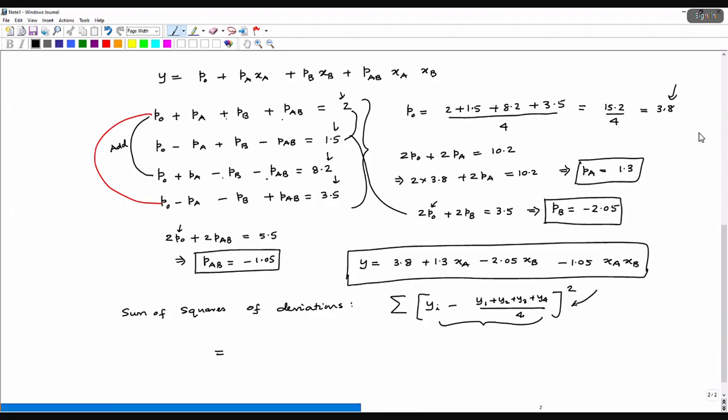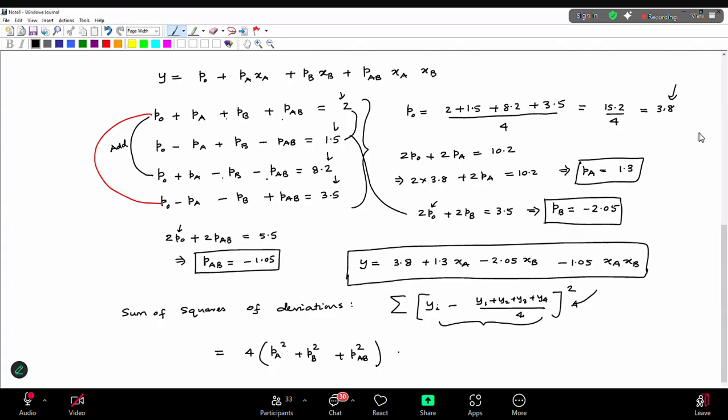You can do this for yourself. This will be equal to 4 times PA square plus PB square plus PAB square. Okay.